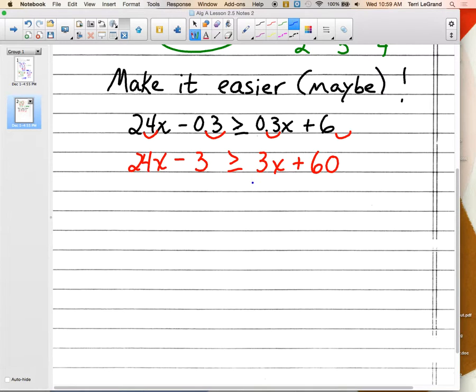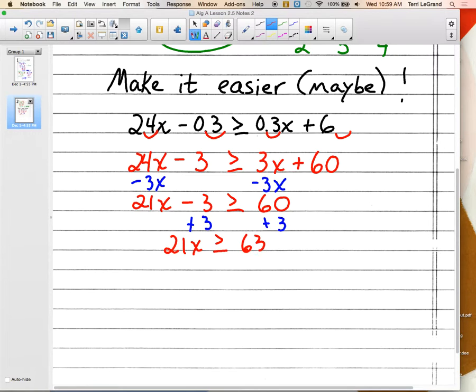Let's subtract 3x from both sides. 24 take away 3 is 21. Add 3 to both sides. We're still doing the same steps, but we don't have any decimals to deal with. 21x is greater than or equal to 63.